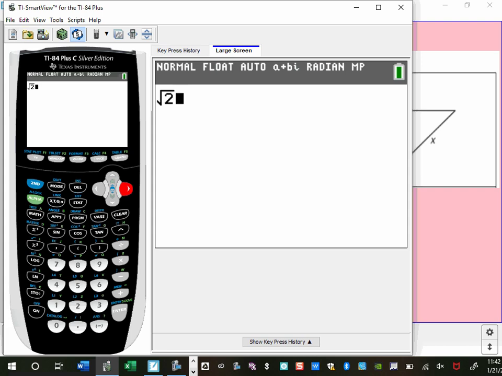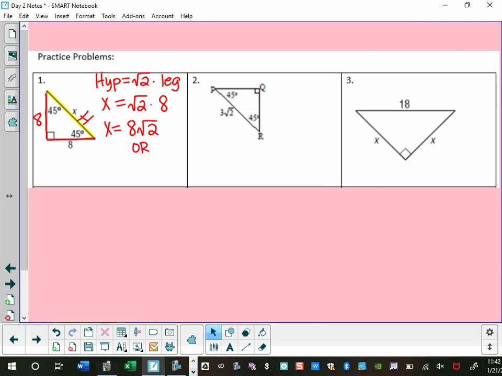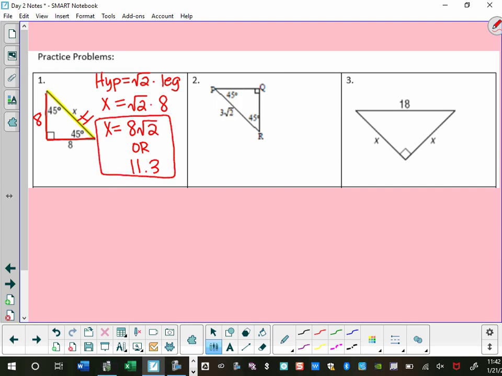So we're going to round to the nearest tenth, meaning our first decimal here. That 1 tells me that the 3 stays the same. So my answer is 11.3. You can give me either answer.